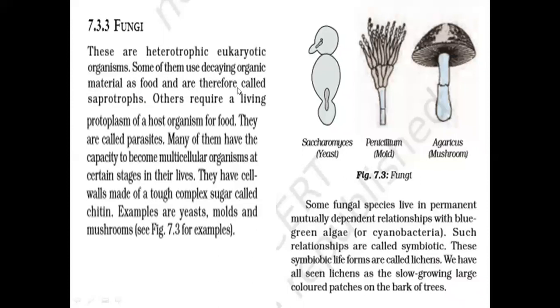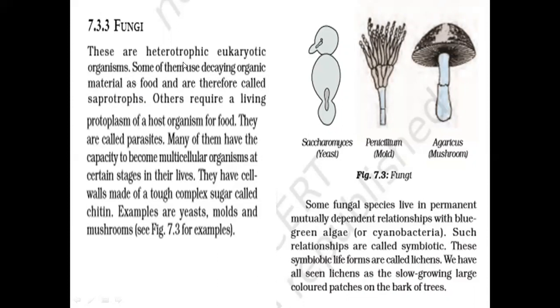Others require the living protoplasm of a host organism for food. So not all are saprotrophs. Others will depend on some host so that they can keep taking food from that organism. They do not synthesize their own food, and therefore they are called parasites.